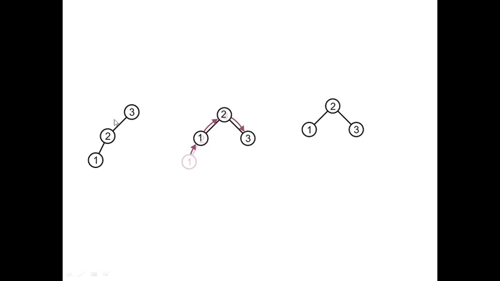So this is the simplest example for you to understand what we mean by rotating. You start from the first tree, which is only a BST, not an AVL, because here the balance factor is 3 minus 1, so 2. So here the balance factor is 2 and it is not a valid AVL tree. Now in order to make it balanced, we can rotate it like this.